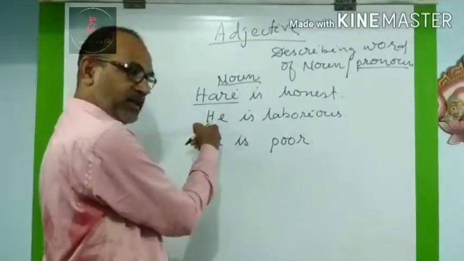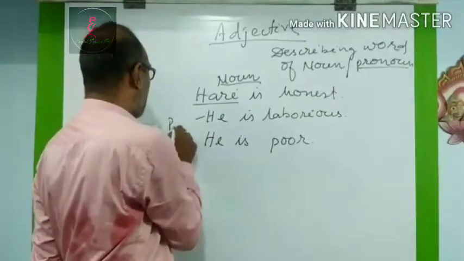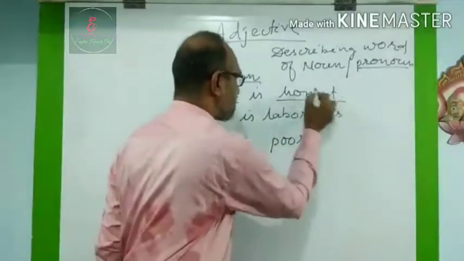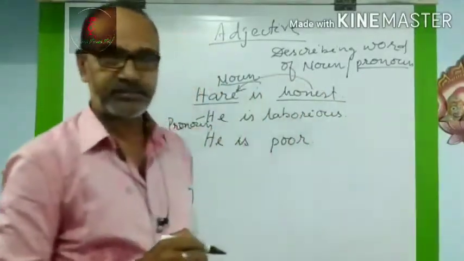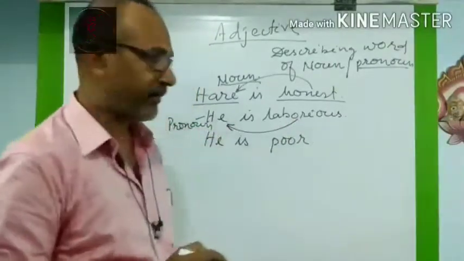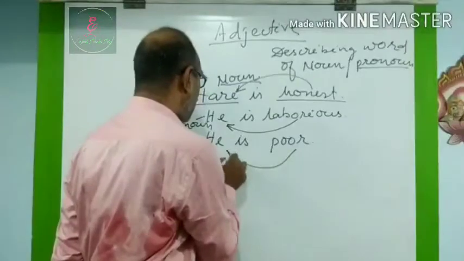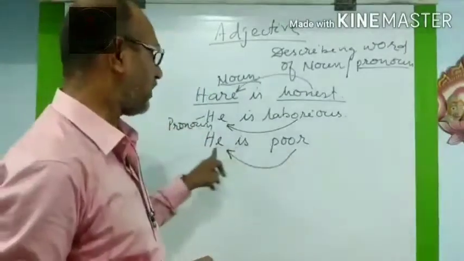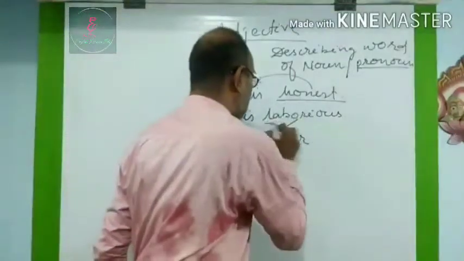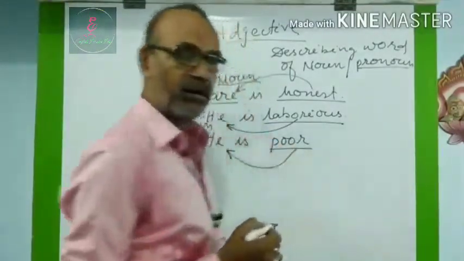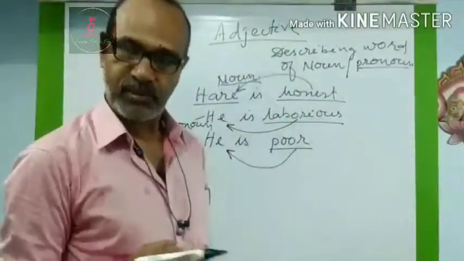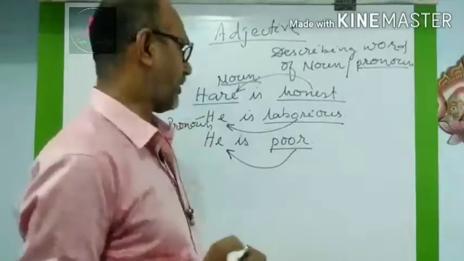He is also a subject, which is a pronoun. And this honest is the describing word of Hari. Laborious is the describing word of he. The same way, poor is also a describing word of he, a pronoun. So this honest, laborious, poor, all these are known to be adjectives. Yes, is it clear? Okay.